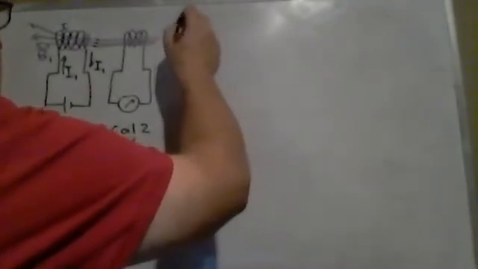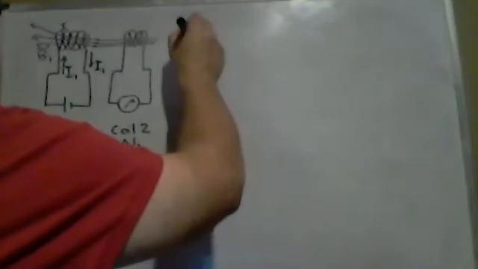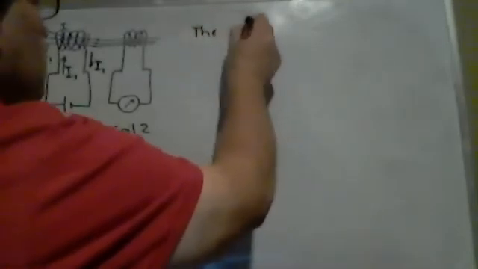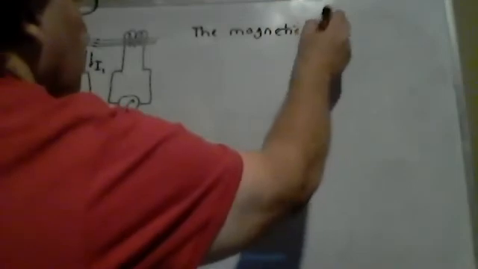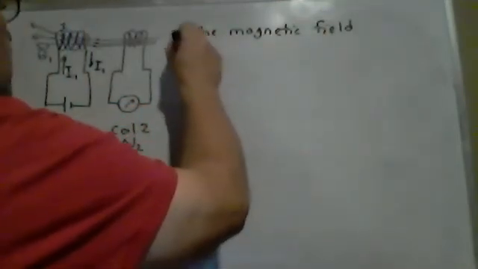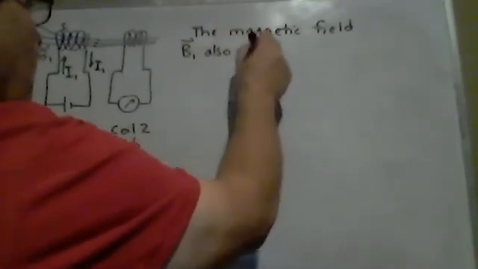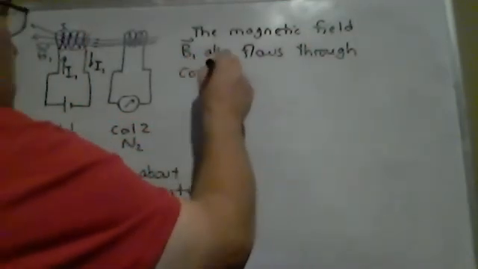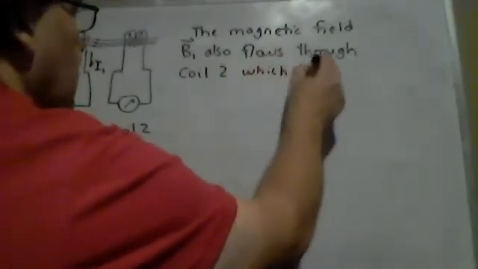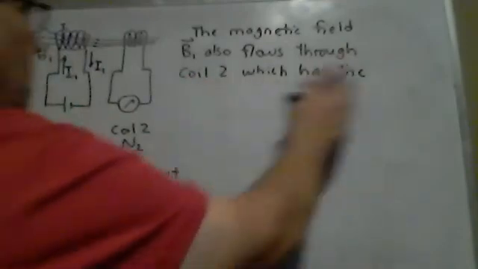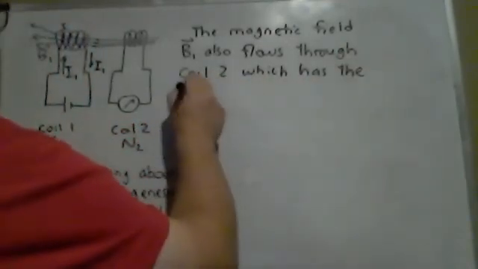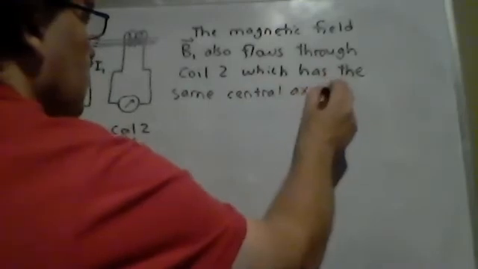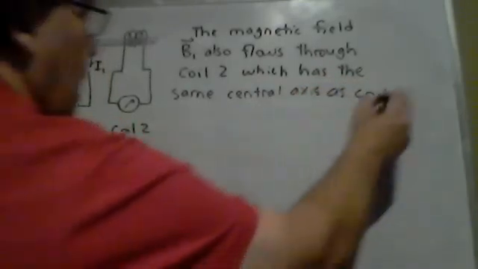Essentially, the magnetic field B1 also flows through coil 2, which has the same central axis as coil 1, and is nearby.